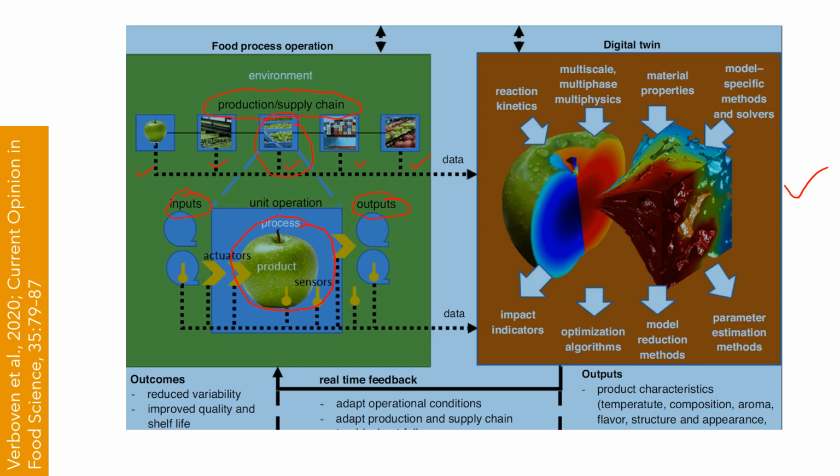So that data, for example, can be real-time sensing how the storage temperature is changing. Together the model and this kind of data and the feedback possibility to the process, you make it a digital twin of the real process. The real process meaning this production or supply chain or the unit operation of storage.